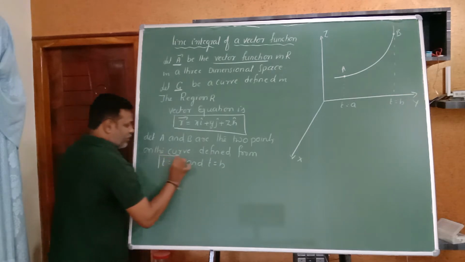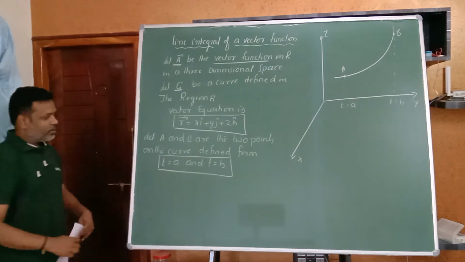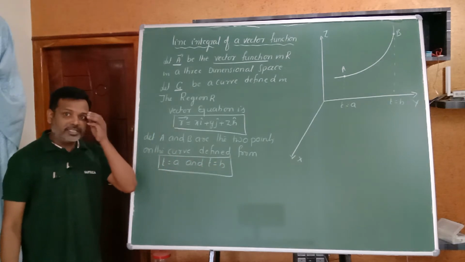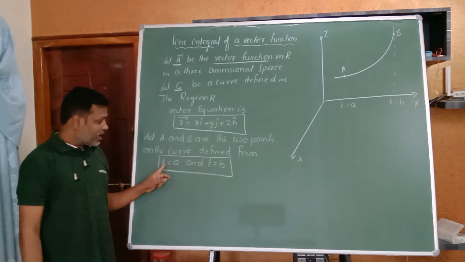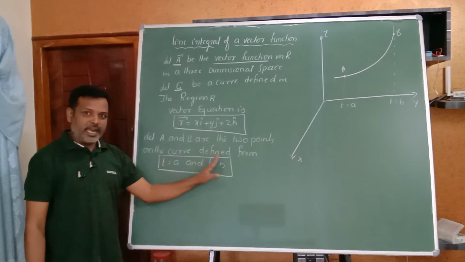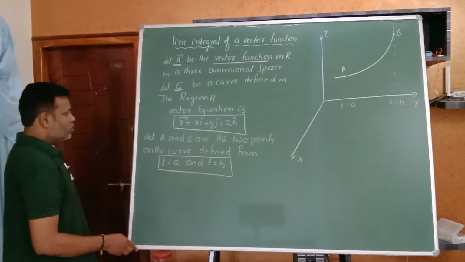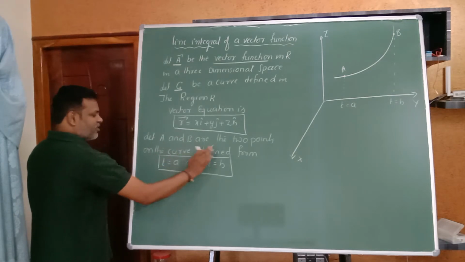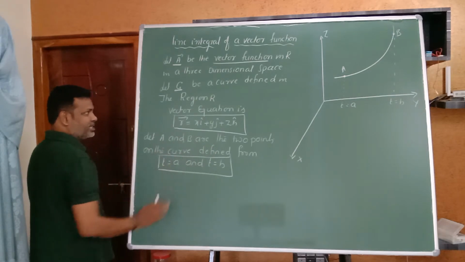This is very, very important. Here t is equal to a is called the lower limit and t is equal to b is called the upper limit, which means the value of t varies from a to b. This is the concept. Now what to prove here, sir? Let a and b be two points on the same curve defined from t is equal to a and t is equal to b.